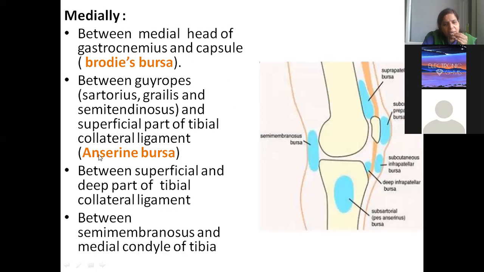Between the three muscles, sartorius, gracilis, and semitendinosus, we have the anserine bursa. Between the superficial and deep part of tibial collateral ligament we may have a bursa, and between semimembranosus and medial condyle of the tibia also we may have a bursa.